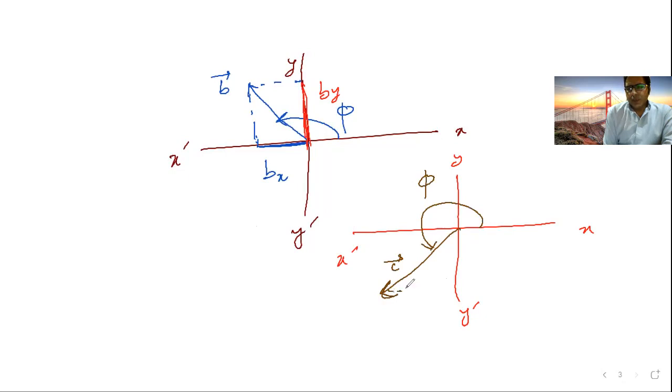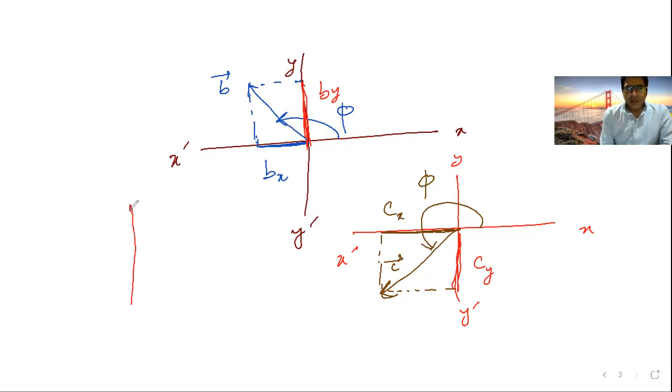The components are, you draw perpendiculars like this. This length is cx, and this length is cy. So see, this vector c lies in third quadrant. Its x component is negative, y is also negative.